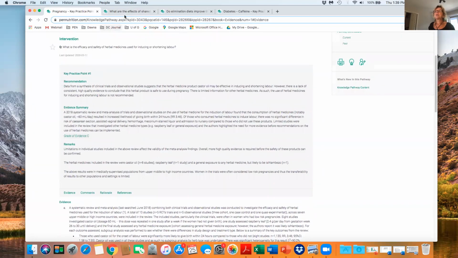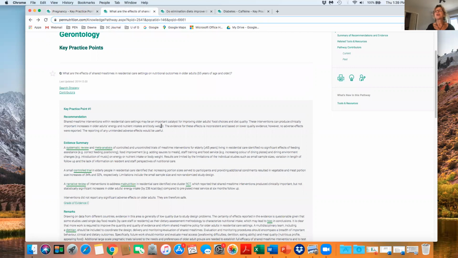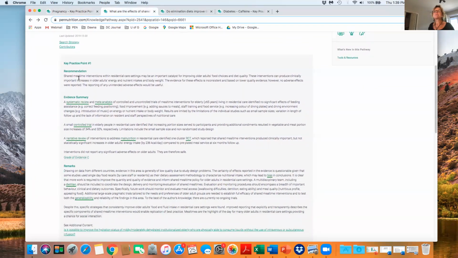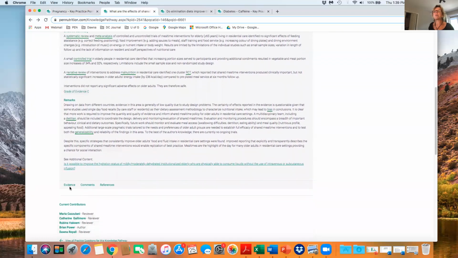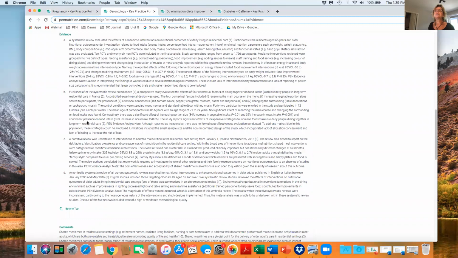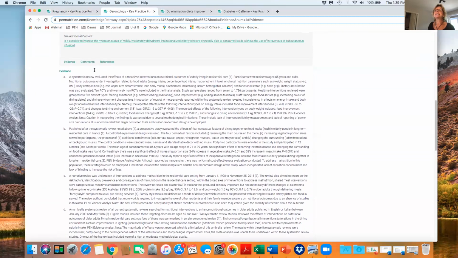Another example: what are the effects of shared meal times in residential care settings on nutritional outcomes in older adults, 65 years of age or older? Again, the key practice point includes a recommendation, evidence summary, and remarks. But if we go to the evidence, there are a few evidence statements here.